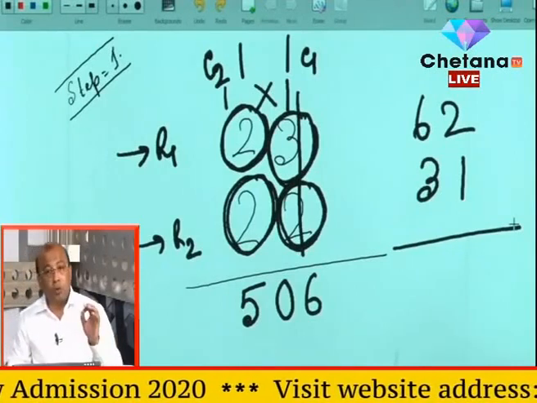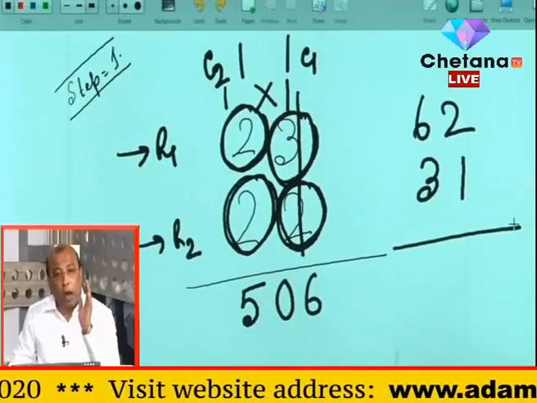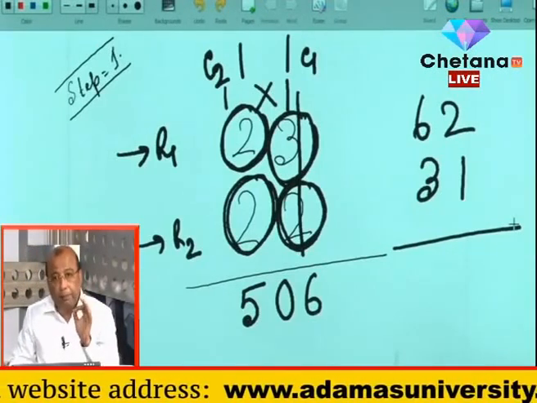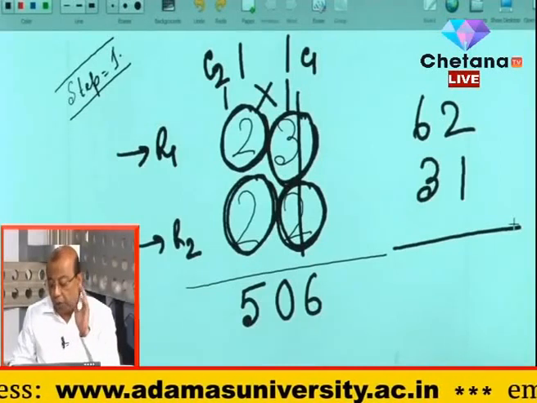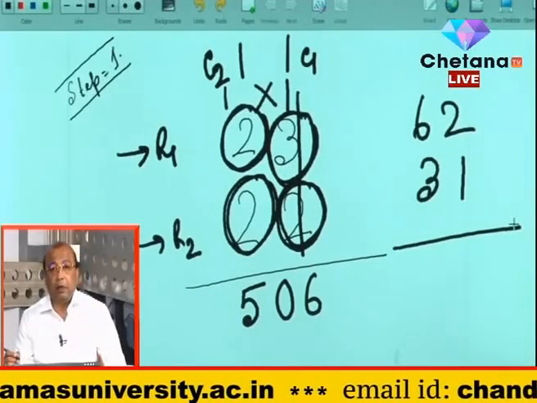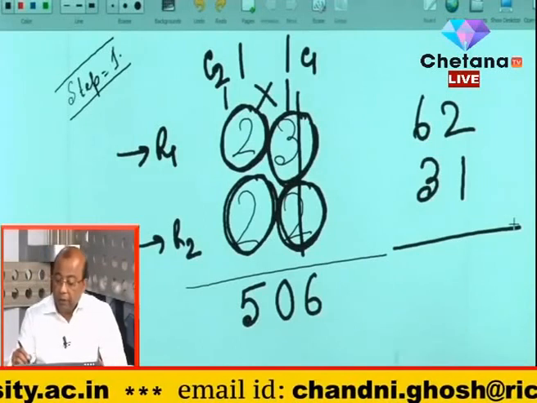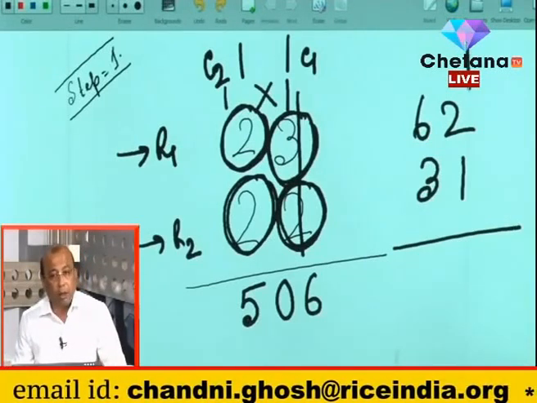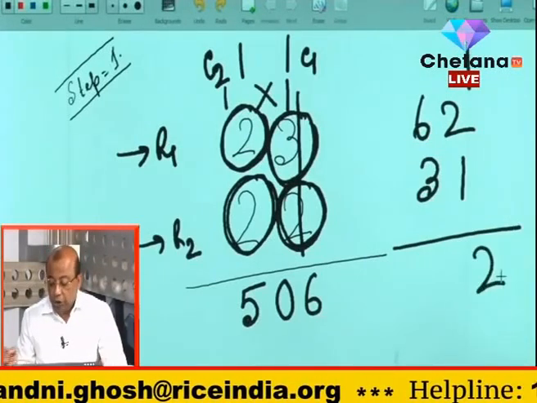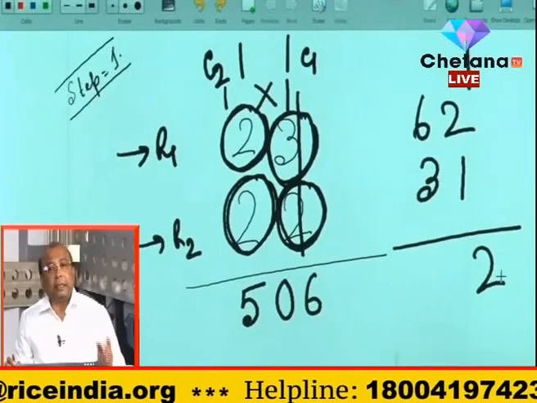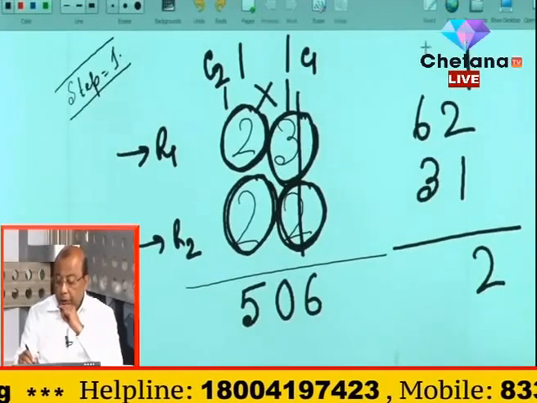I will allow you to take the notes, but first you have to know what process we will follow. First we consider the first column. My symbol will be straight: 2 into 1, that is 2. When we consider the second column, my symbol will be cross.